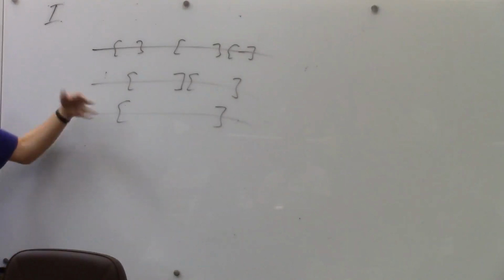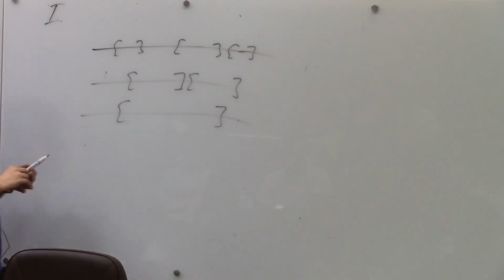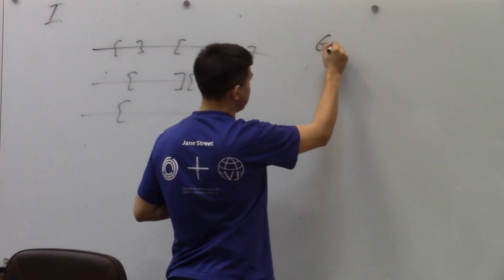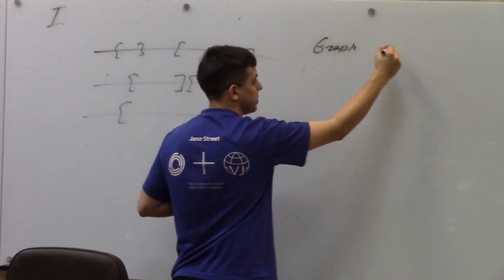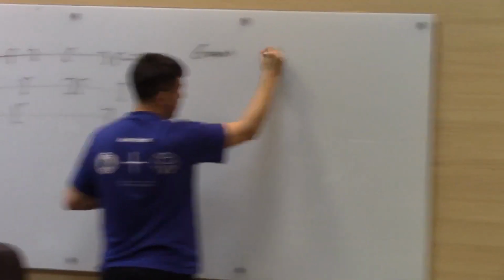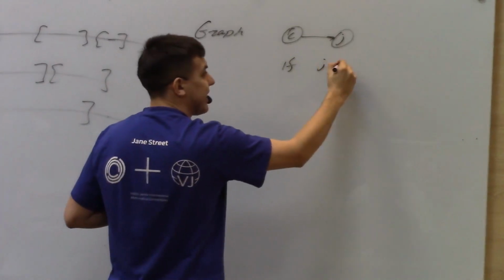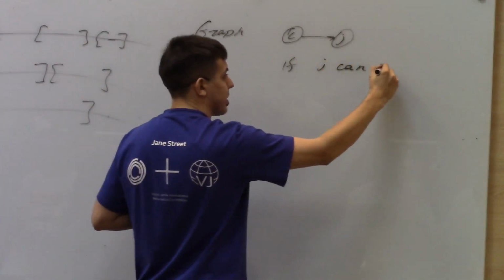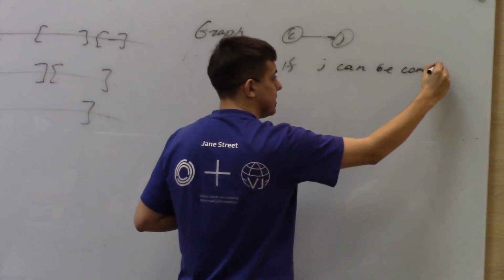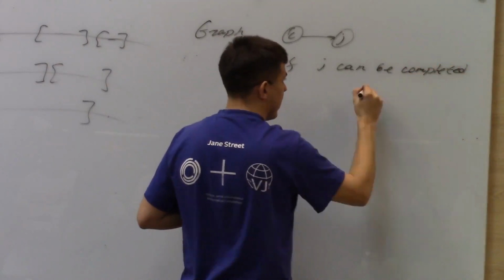Okay, so this looks like a problem where we need to split the maximum number of jobs into k different paths. So if we draw a graph, there will be an edge from i to j if j can be completed after i.